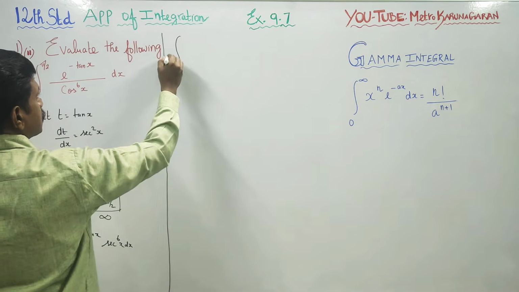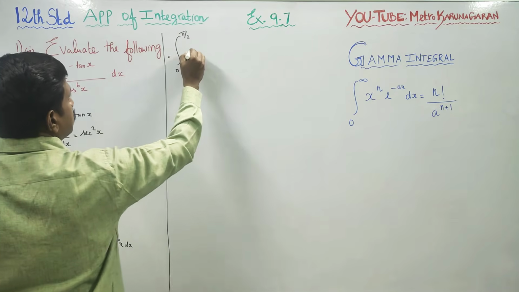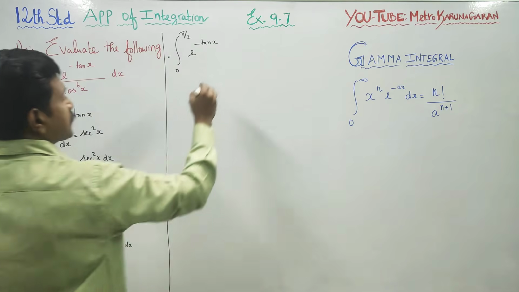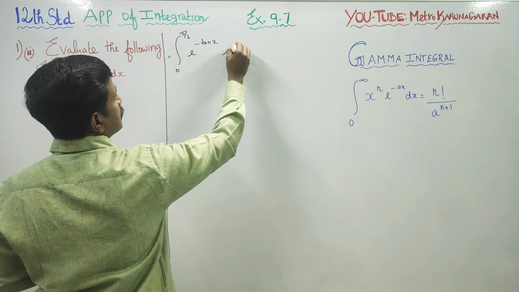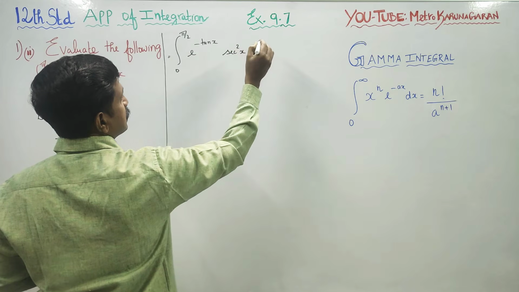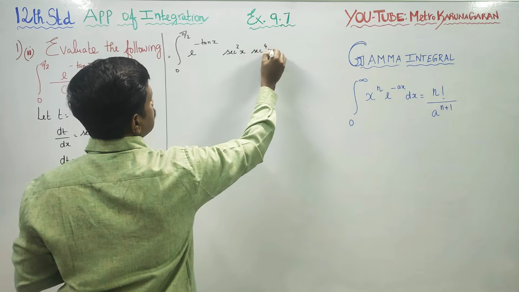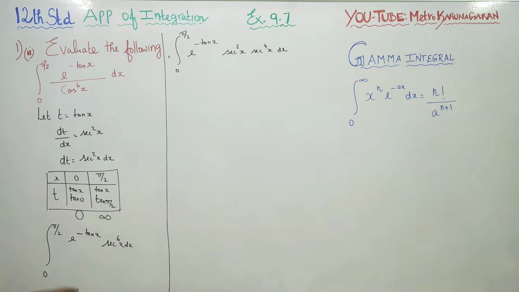Integration 0 to pi by 2 e power minus tan x, secant power 6 can be written as secant square x into secant power 4 x dx. Am I right?